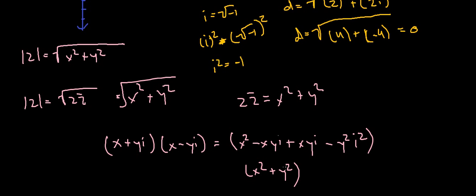So that's where that comes from. So it's clear that no matter what numbers are in there, it's always going to be x squared plus y squared. So that's where this comes from.